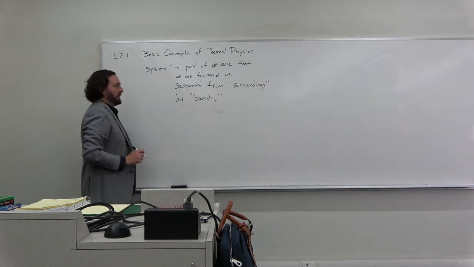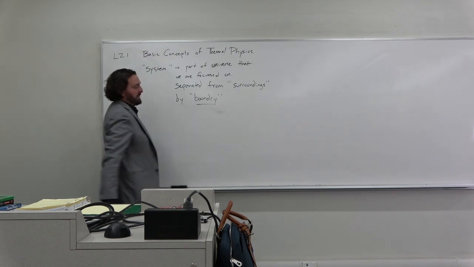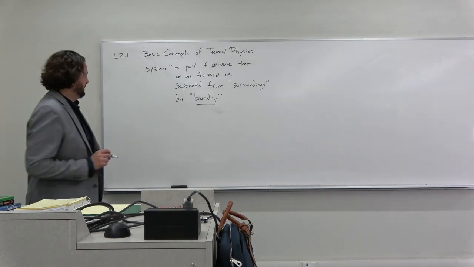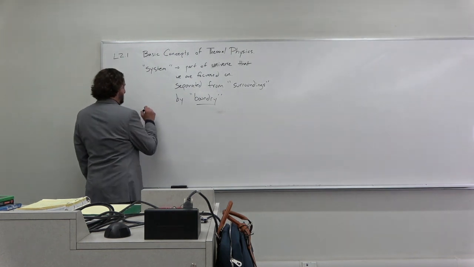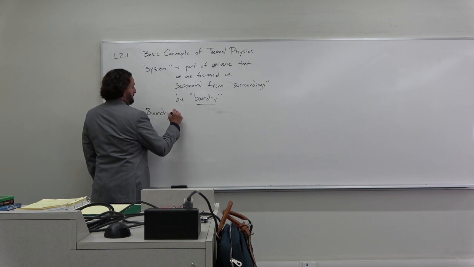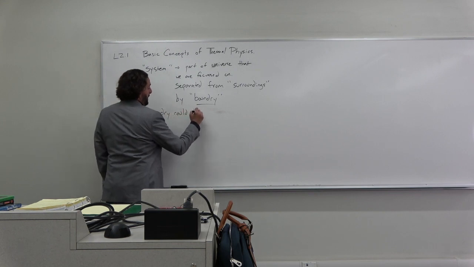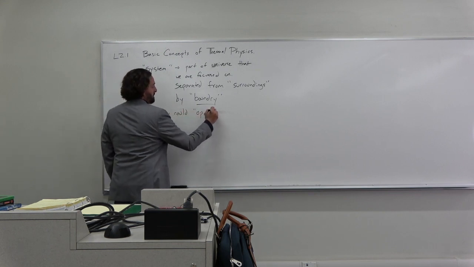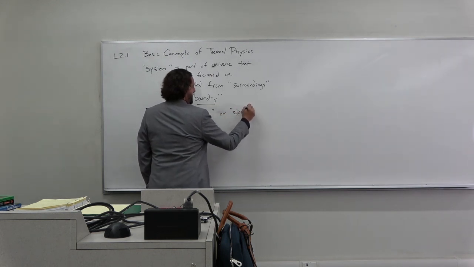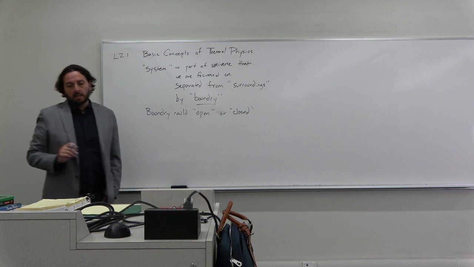Okay, so we're going to think a lot about these boundaries in this class, and we're going to have various kinds of boundaries. So for example, your boundary could be open or closed. So what do I mean by that?